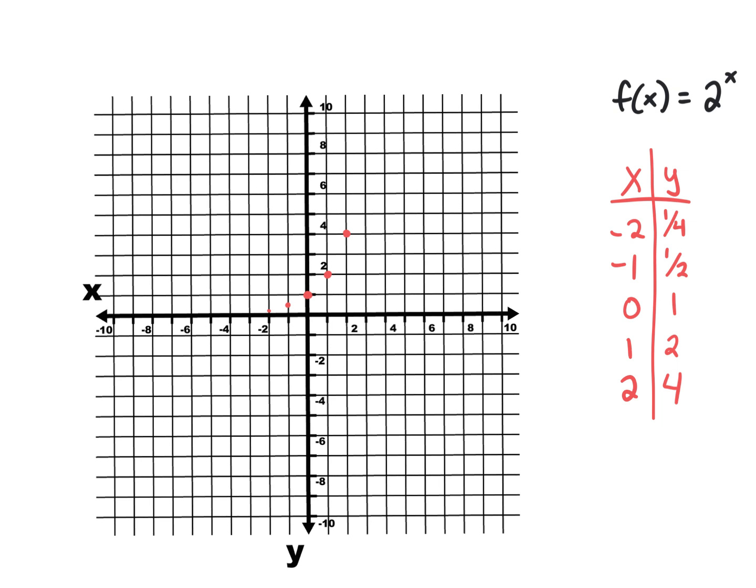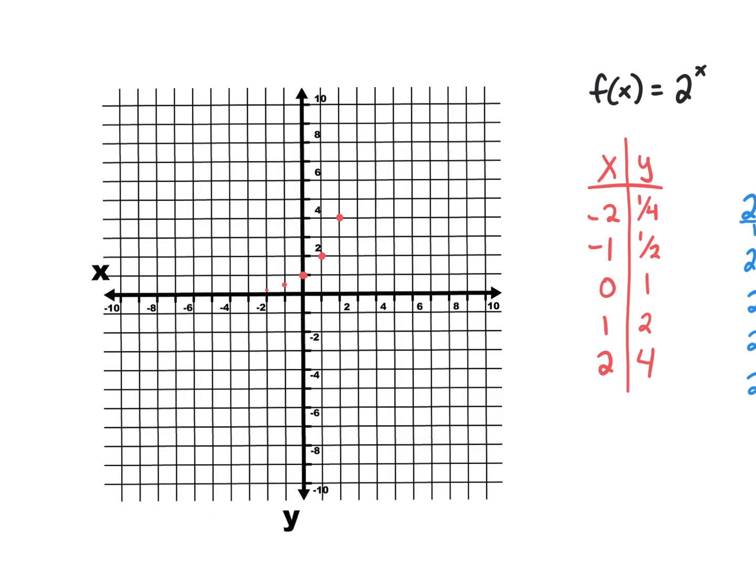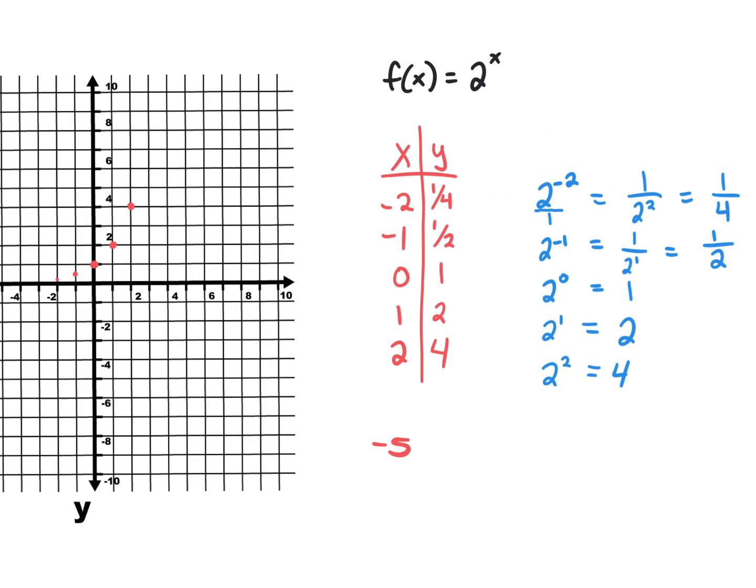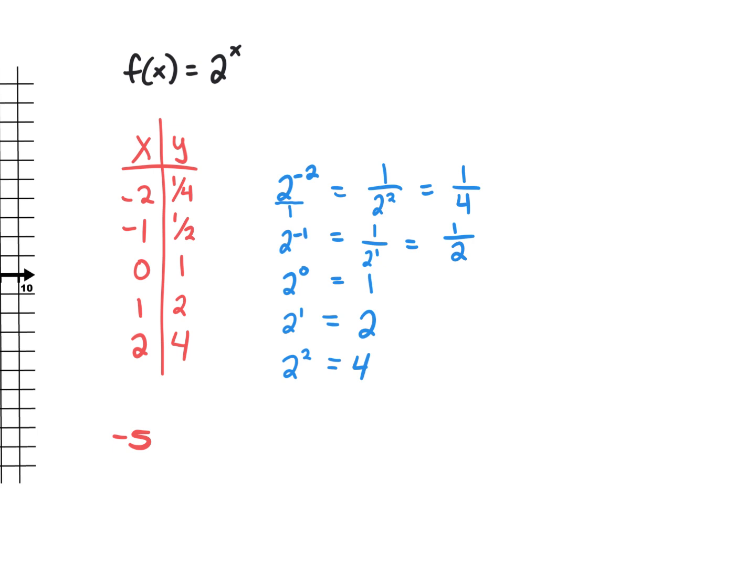However, someone give me a number less than -2. What about -5? Let's plug in -5 and see what we get. We have 2 to the -5. Again, I'm plugging this value into my equation. Can I have negative exponents?